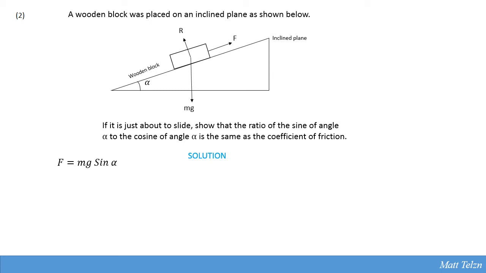Now this inclined plane, you will see that there are forces that are acting on an object that is falling down an inclined plane. From the diagram there, we have the perpendicular and the horizontal forces.